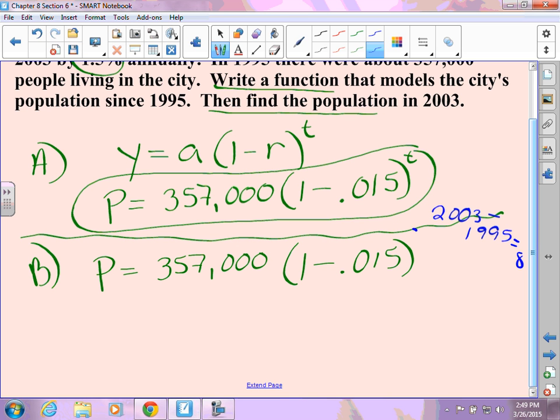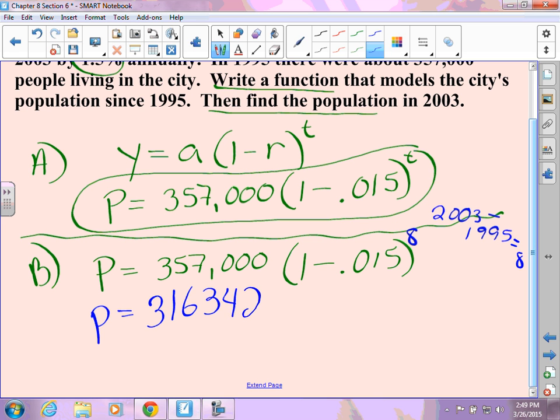On your calculator, you're going to take 1 minus 0.015 equals, then use your exponent key, generally the caret key that we talked about before, to the 8th power equals, and then multiply it by 357,000. If you do this math, you should end up with 316,342.88.